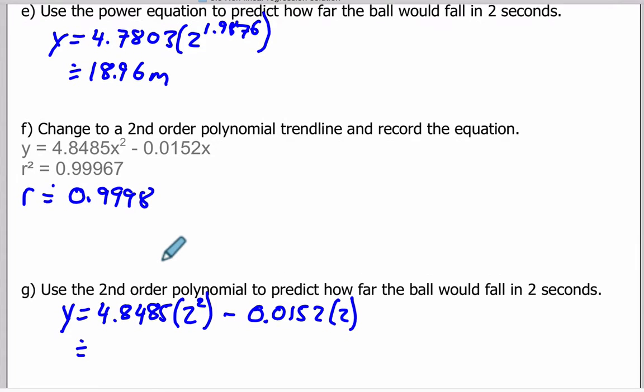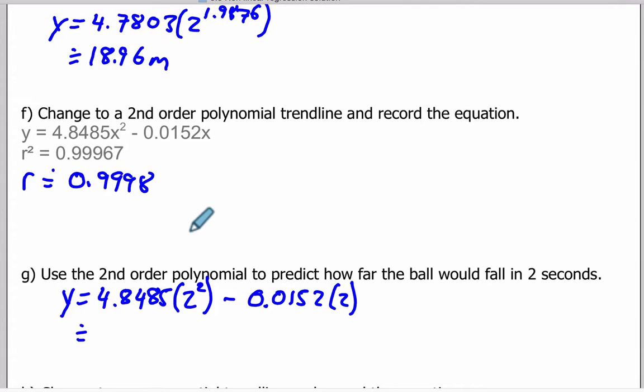So that's even a little bit better of a fit than the power trend line. So next, I asked you to sub into this. When you sub in for x equals 2, you should get approximately 19.36 meters. So that means after 2 seconds, the object will have fallen a little bit more than 19 meters.